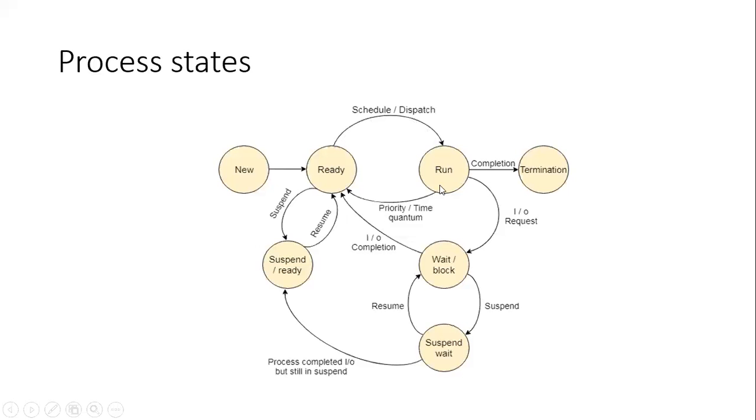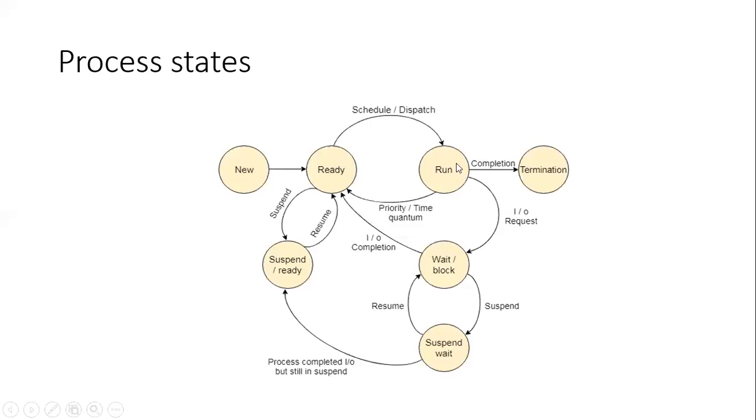This process is executed by the CPU, and this scheduling decision is taken by the short-term scheduler, while the scheduling from the new state to the ready state is taken by the long-term scheduler.